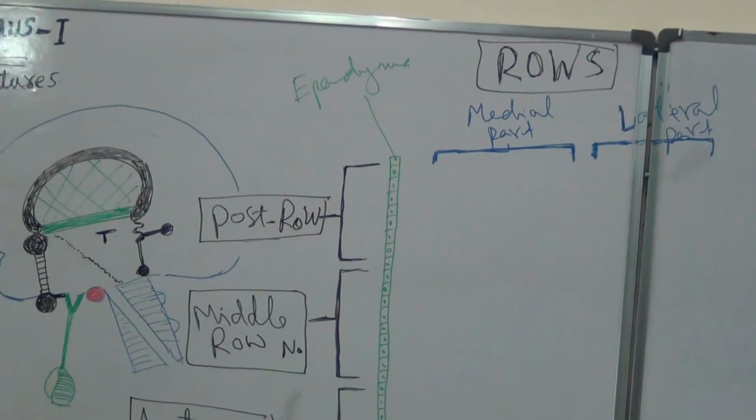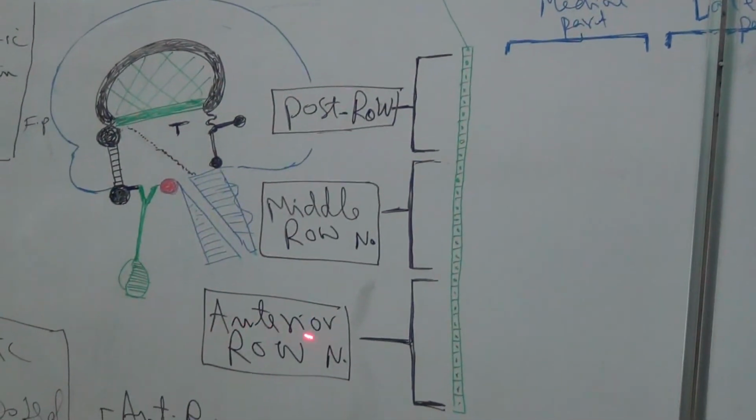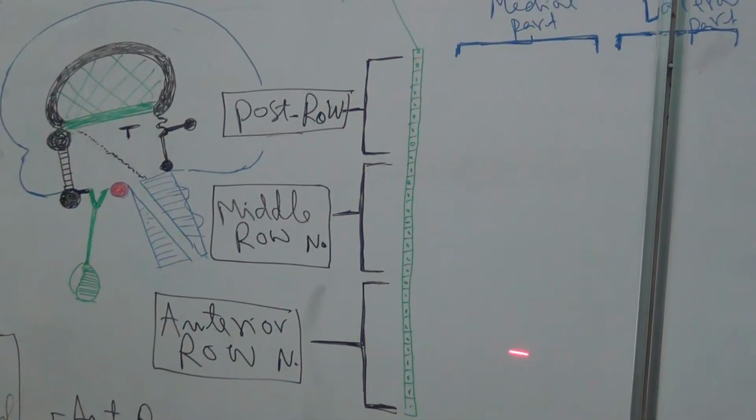Now, what are the nuclei in the anterior row of the hypothalamus?